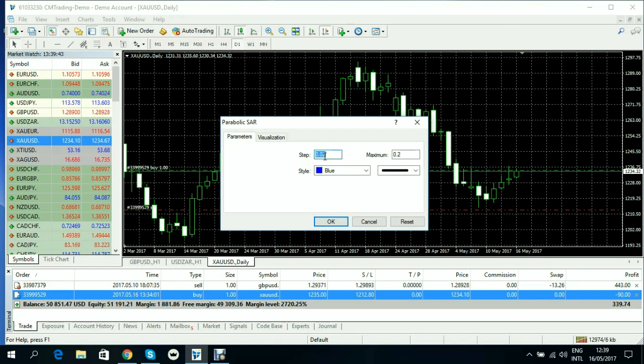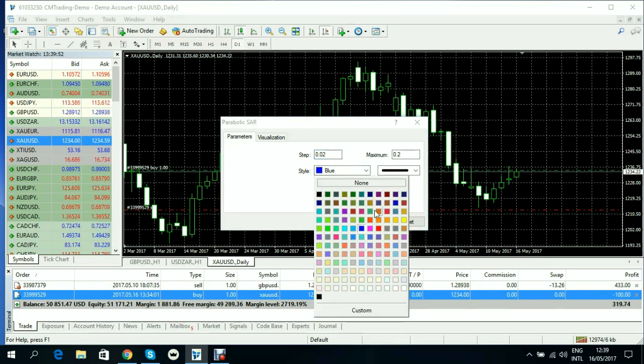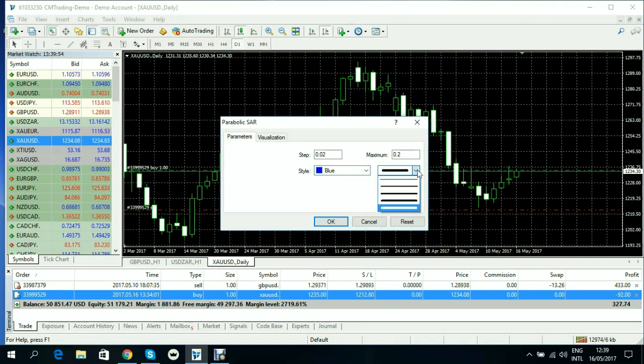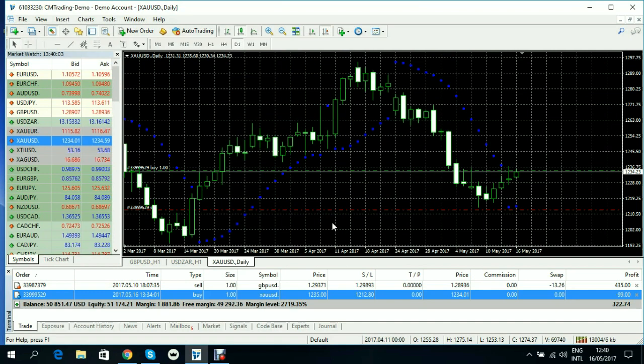The step should be 0.02, the maximum should be 0.2, the style, which represents colors, you can choose any color of your choice, and here you can increase or decrease the font, and you click OK, and here we go. Here parabolic SAR appears on the chart. So basically this is all about the parabolic SAR.